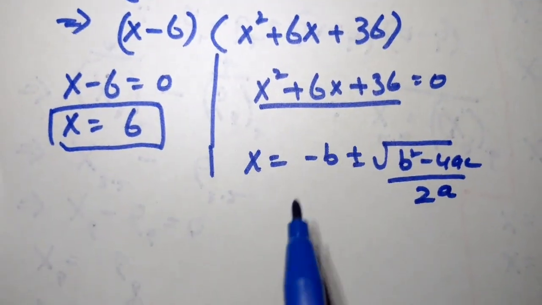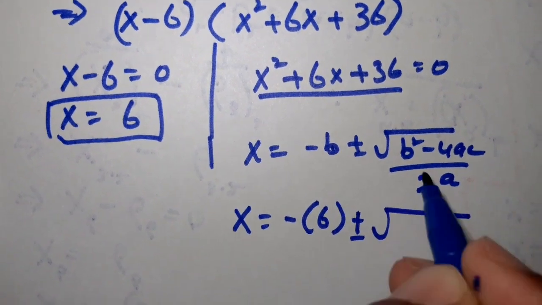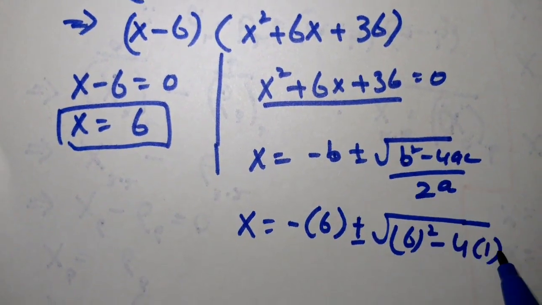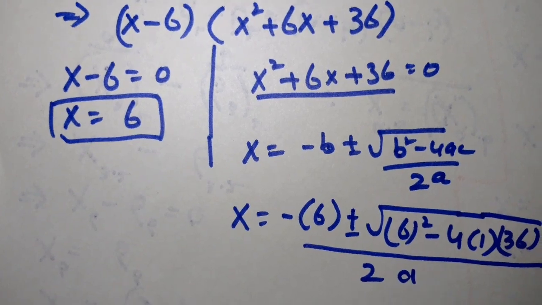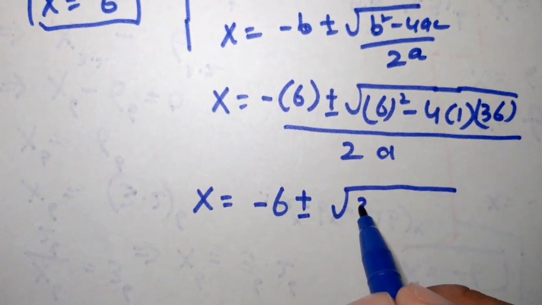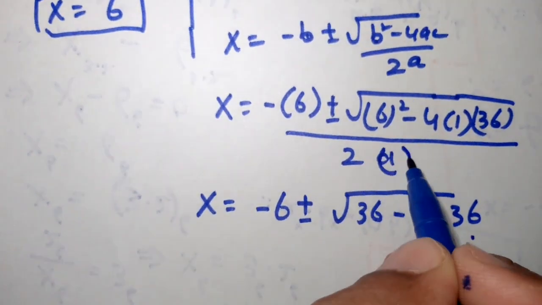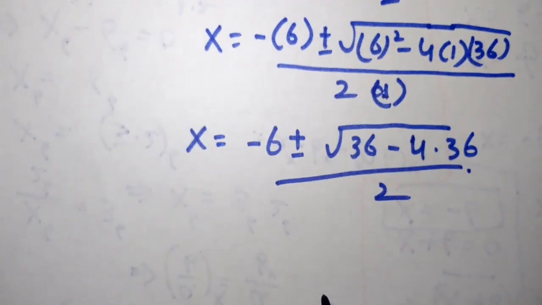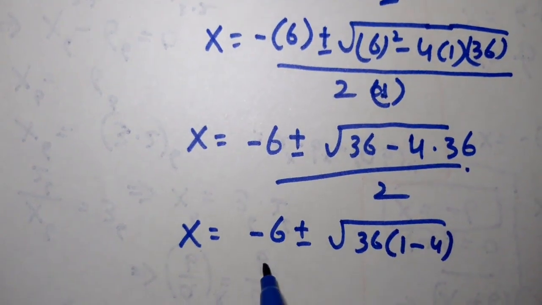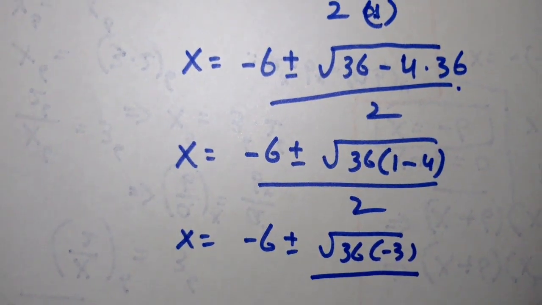We have to put the values here. x is equal to minus b, which is 6, plus minus square root of 6 square minus 4, here a is 1 and c is 36, over 2a. x is equal to minus 6 plus minus square root of 36 minus 4 multiply 36, a is equal to 1, over 2. x is equal to minus 6 plus minus square root of 36 common, 1 minus 4, over 2. x is equal to minus 6 plus minus square root of 36 into minus 3, over 2.